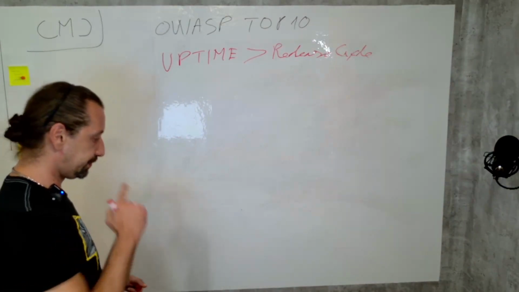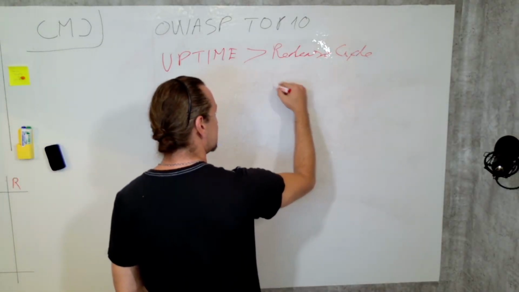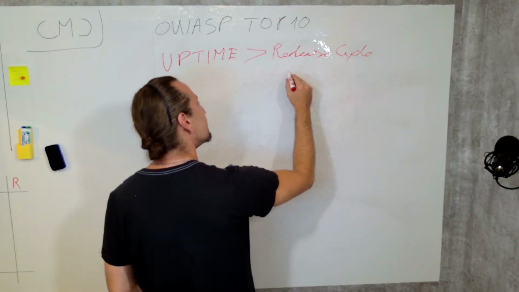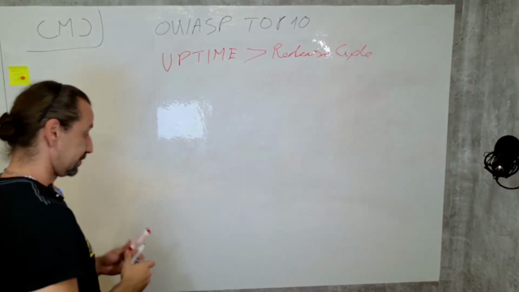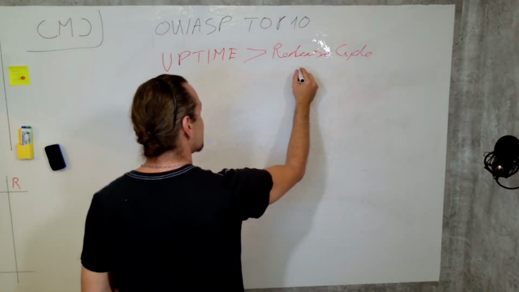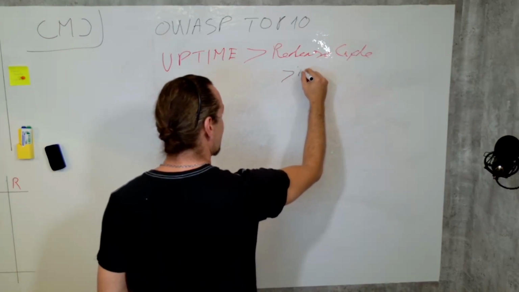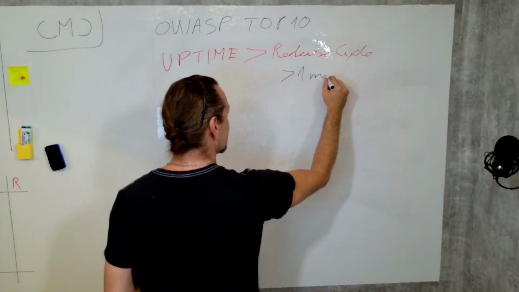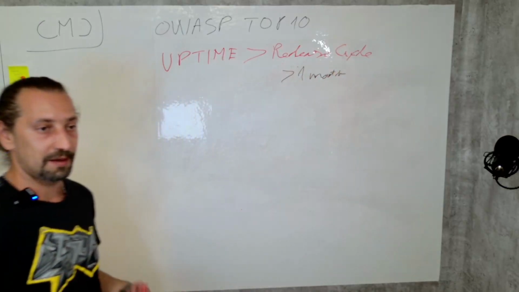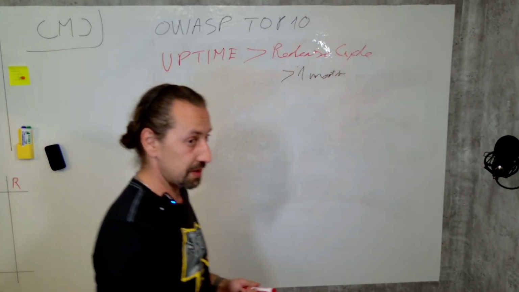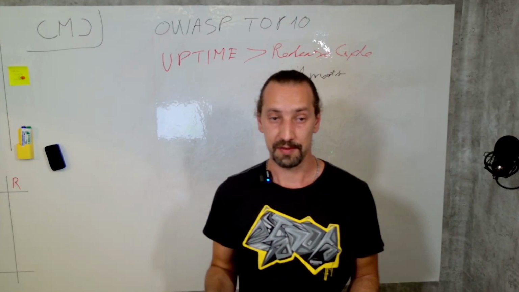And if the release cycle is greater than a month, then it can be a good indicator that there are some security-related events that we are missing.